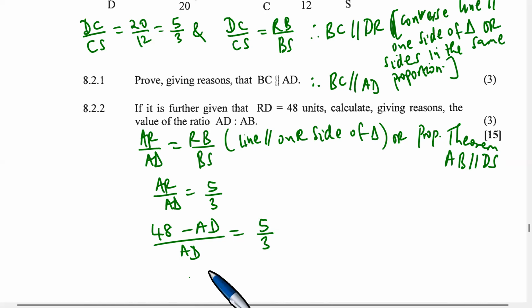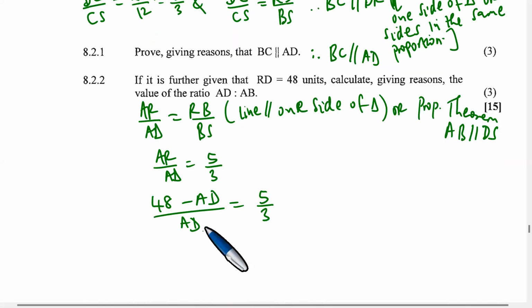Cross multiply this. It means that we have 3 times 48, which is 144, minus 3AD, which is 5AD. So move this across, you have 144 is equal to 8AD.